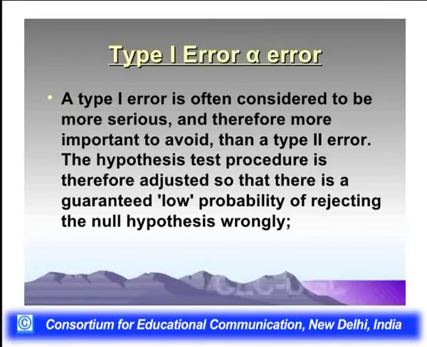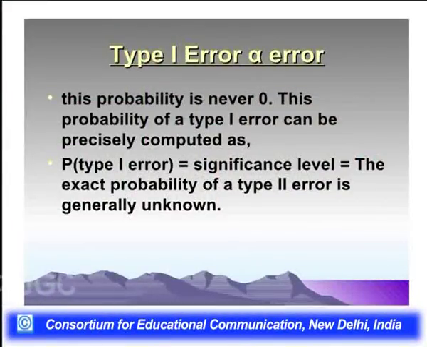So if you compare the two types of error which you commit, that is type 1 and type 2, type 1 error, if committed, is a more serious thing than type 2 error. So you have to be very careful not to commit any type of error, whether it is type 1 or type 2. But if you have a comparison between the two, type 1 error is more serious compared to type 2 error.